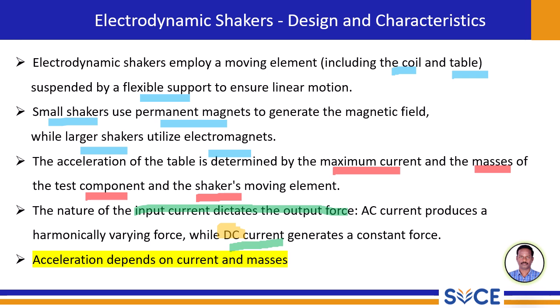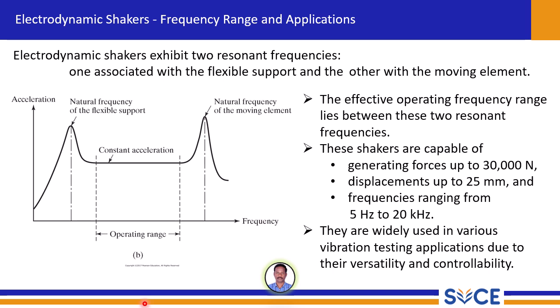So, to summarize, the acceleration we can achieve with an electrodynamic shaker is fundamentally dependent on the current we can drive through the coil and the total mass that needs to be moved. The important characteristic to understand about electrodynamic shakers is that they exhibit two primary resonance frequencies.